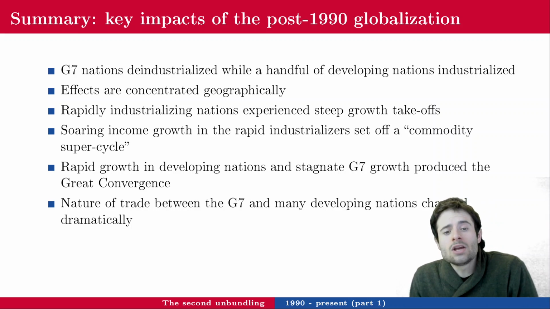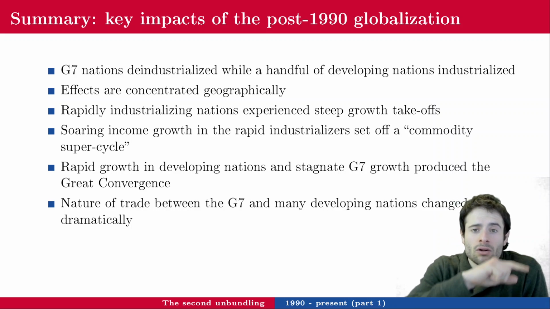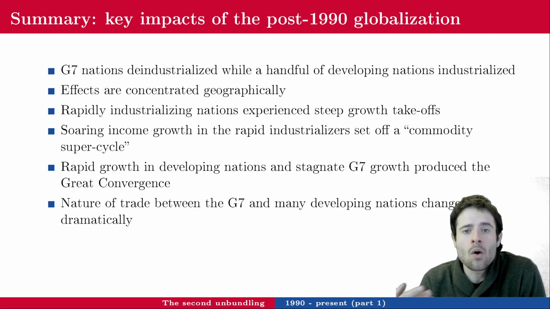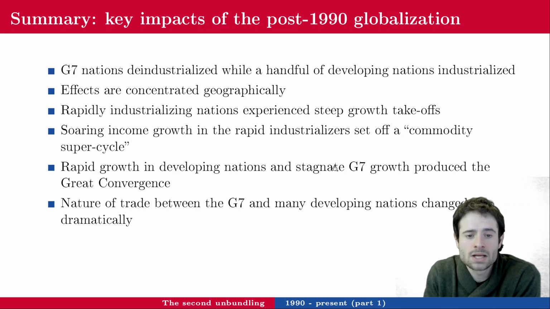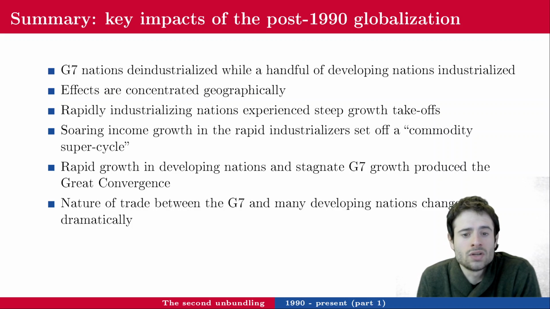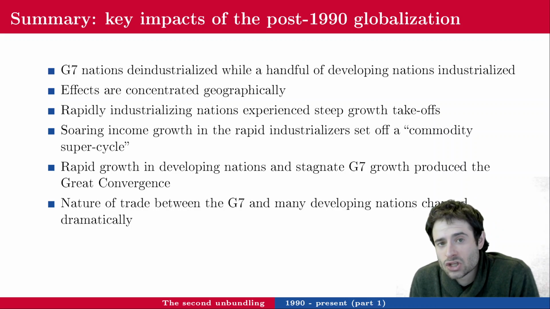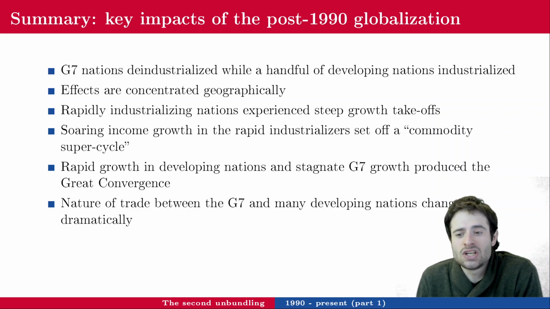So the soaring income growth in those countries set off a commodity supercycle. Again, a sharp increase in demand for those goods now that there is a whole new demand that was created due to the income growth.